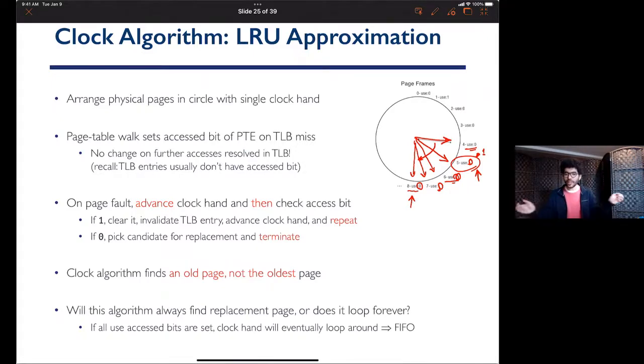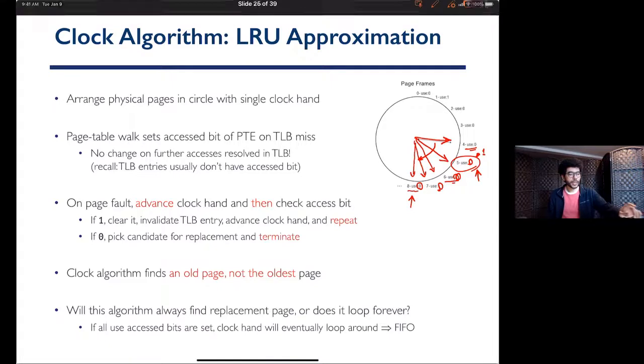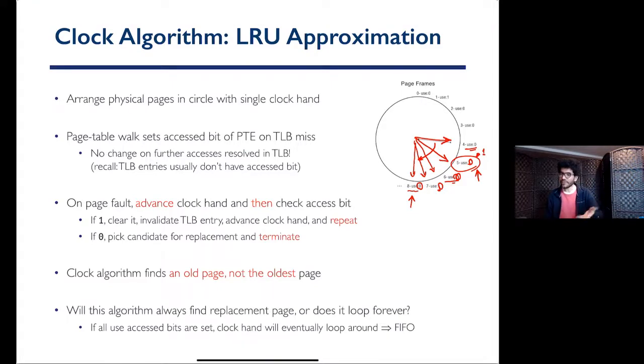It's kind of like grouping pages into two sets: pages that have been accessed from the previous time until now, and pages that haven't been accessed in that period. Then we pick the first one among those not accessed that is close to the hand of the clock. So that's the high-level algorithm here.